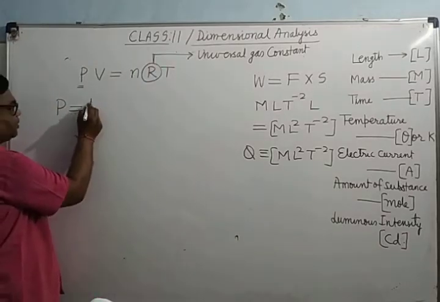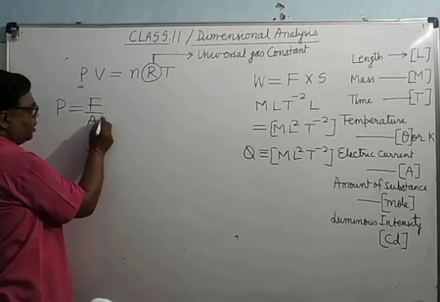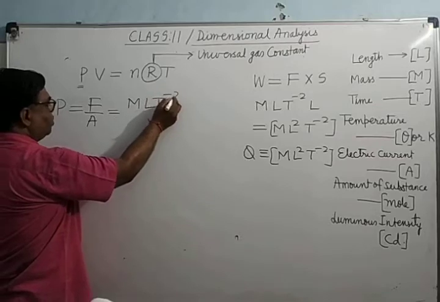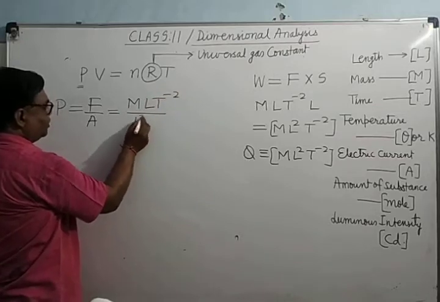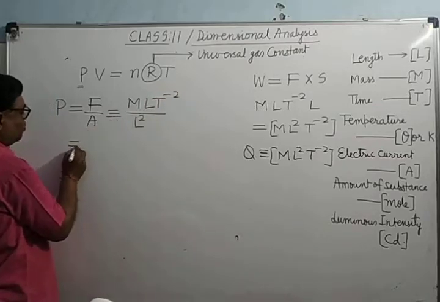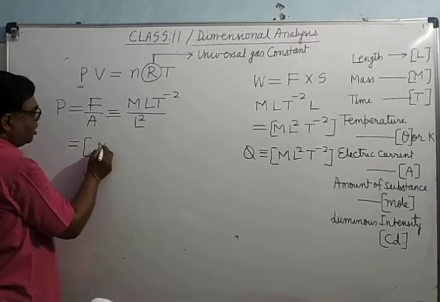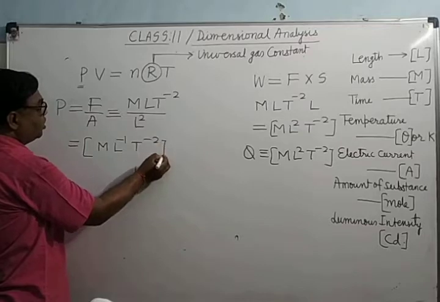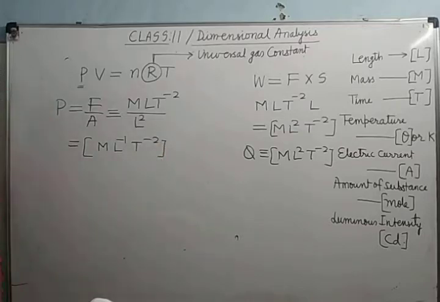P is pressure. Pressure is force upon area. Force means MLT minus 2, and area is L squared. So it will be ML minus 1 T minus 2. It's clear?